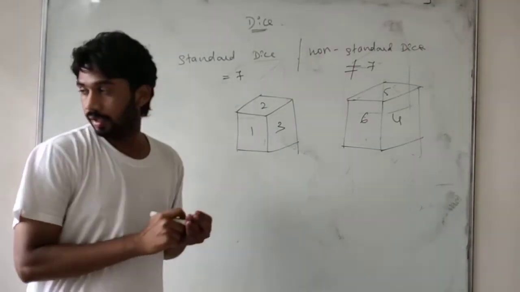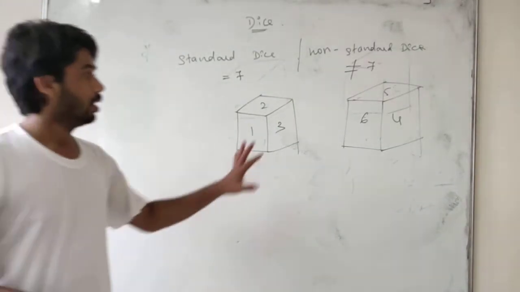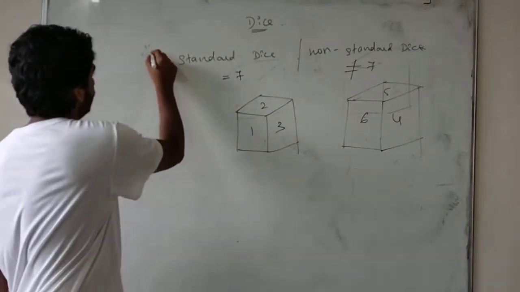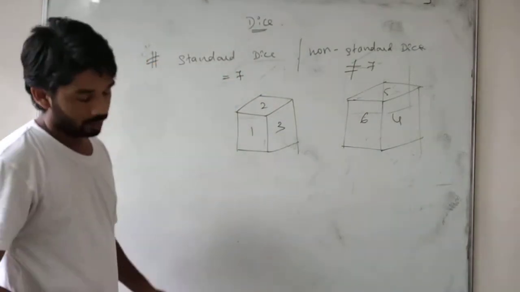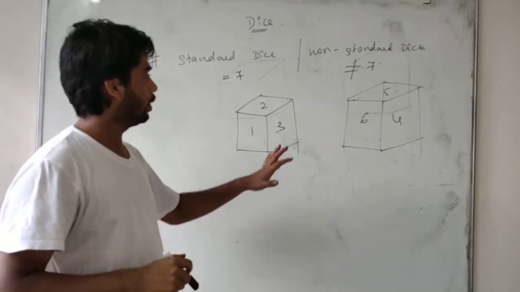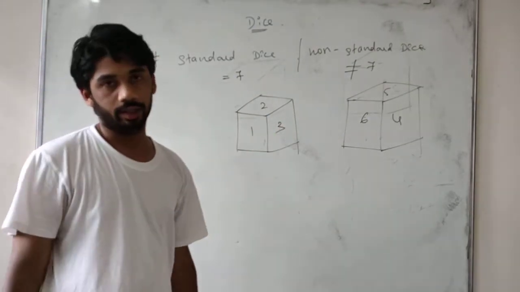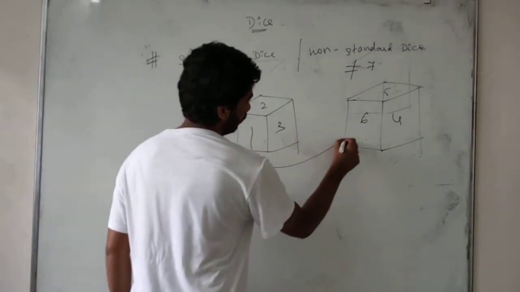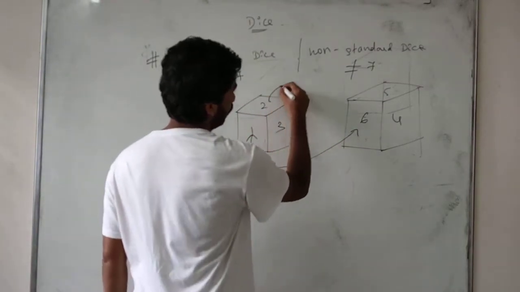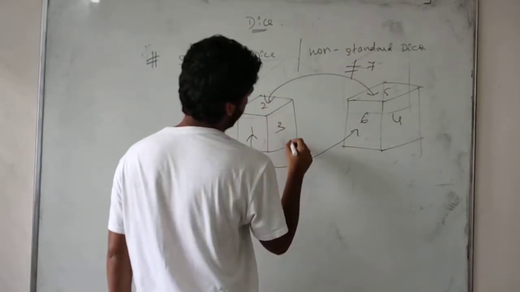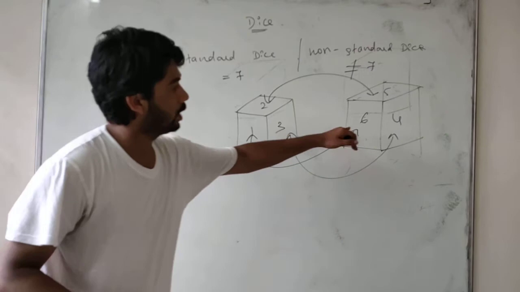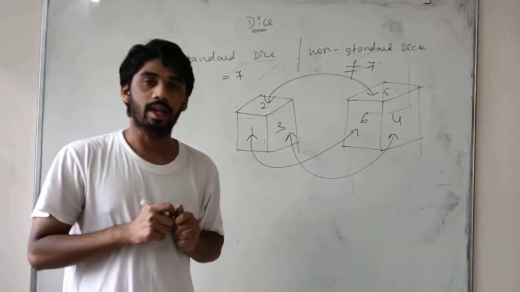See students, in this standard dash and non-standard dash topic, first we have to know whether it is a standard dash or non-standard dash. See students, this 1 will be equal to this one, 2 equal to this one, and 3 equal to this one. If we add both of these, we are getting the answer as 7.